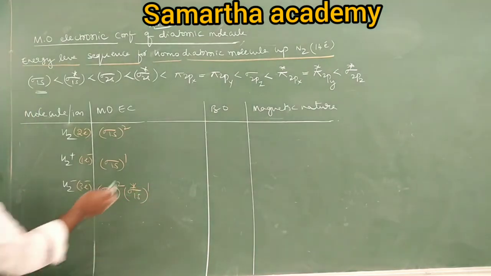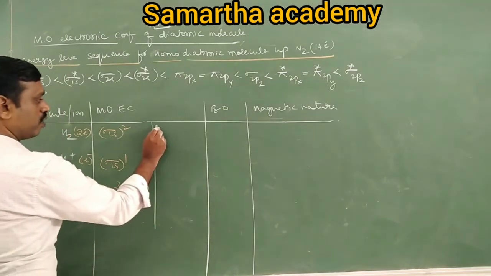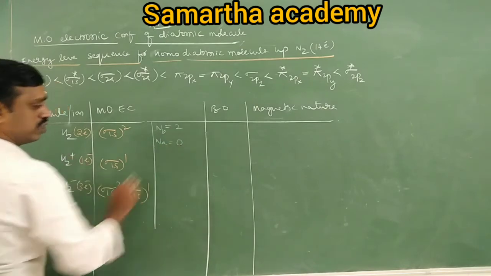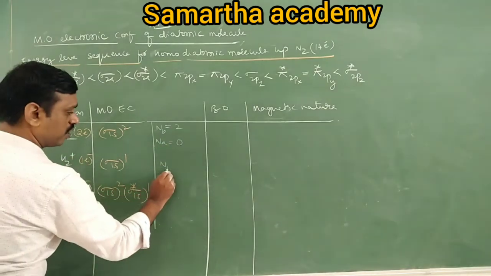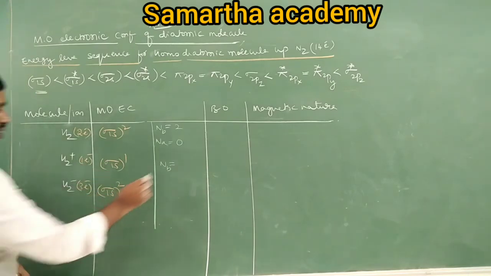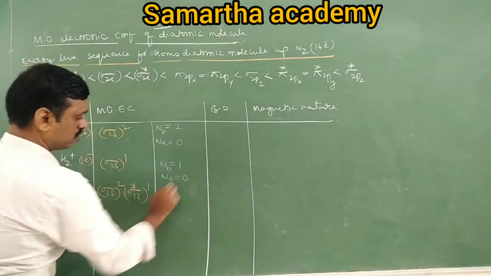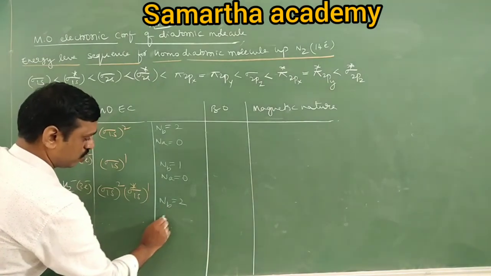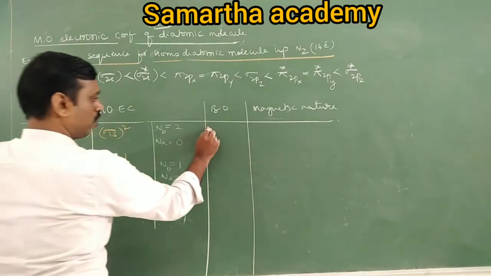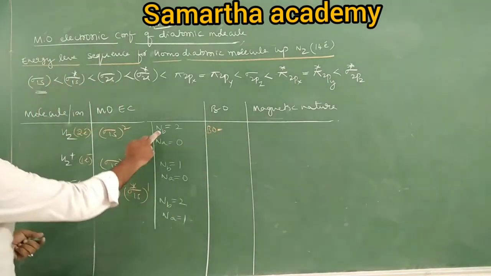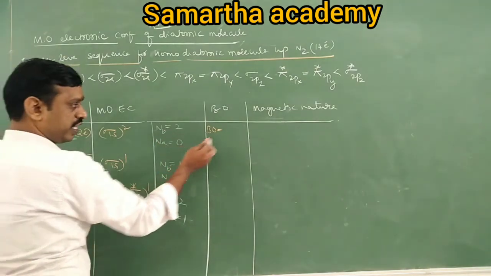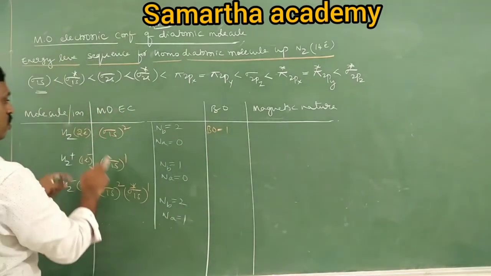Okay, then can you tell me how many bonding and anti-bonding here? Nb and Na. Without star is bonding, with star is anti-bonding. Number of bonding 2, anti-bonding 0. So bond order equals half into Nb minus Na, which is 1, no?